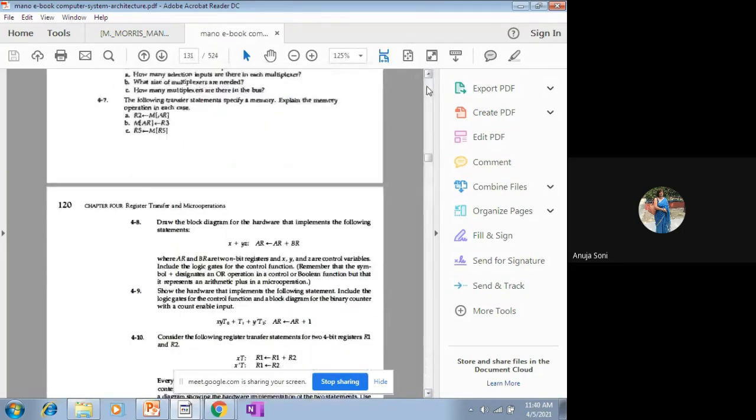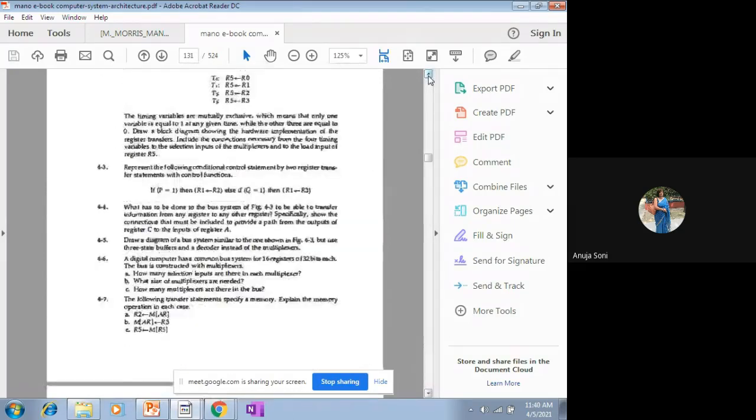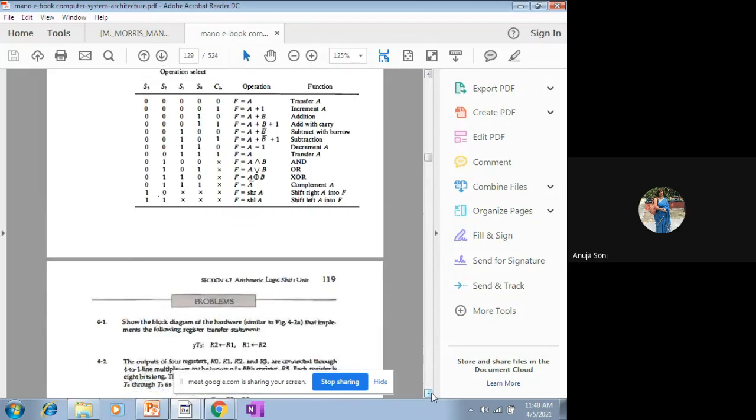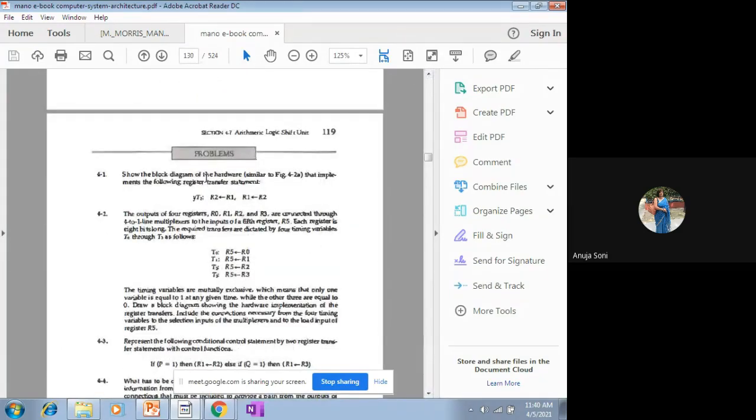This is a back exercise. Section 4.1, question 4.1. Show the block diagram of the hardware that implements the following register transfer statement. It is a similar kind of question as given in the chapter, where we are going to talk about the swapping of the contents between two registers.